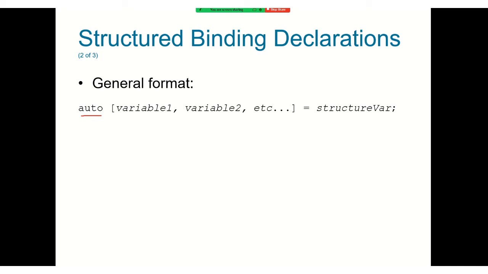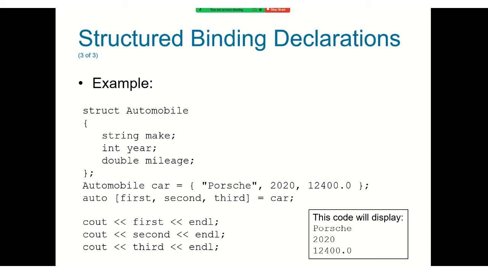So let's understand it in this way. Not really a pointer, but you are defining the general format to be auto. Say you have automobile as the structure, then you have make, year, mileage. So now you can do automobile car.